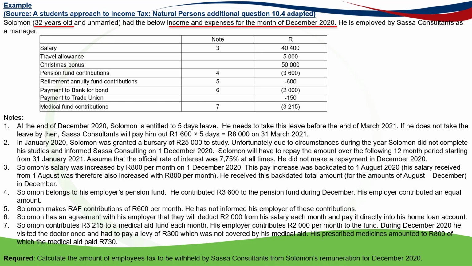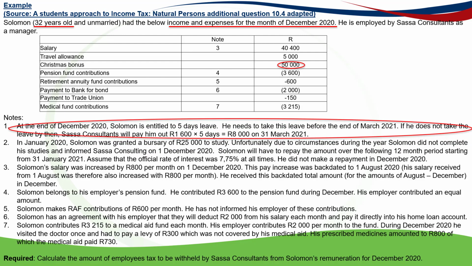Remember, this is the expenses and income for 1 month, which is December. The Christmas bonus of 50,000 is an annual amount which should not be included in the monthly remuneration.